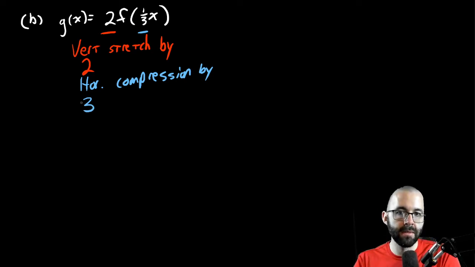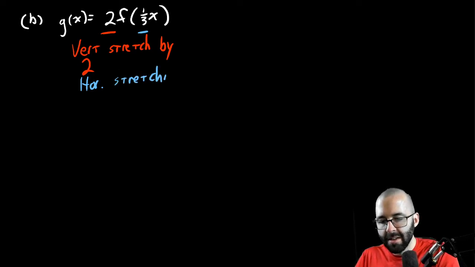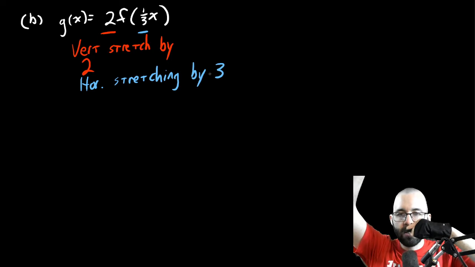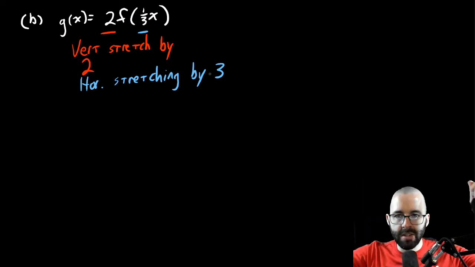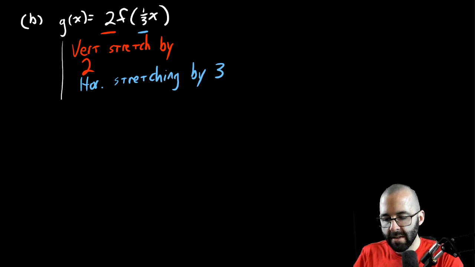I even said it right at the first time and I switched it. Horizontal stretching by 3. All right. Stretching it vertically by 2, stretching it horizontally by 3. And that's our answer here.